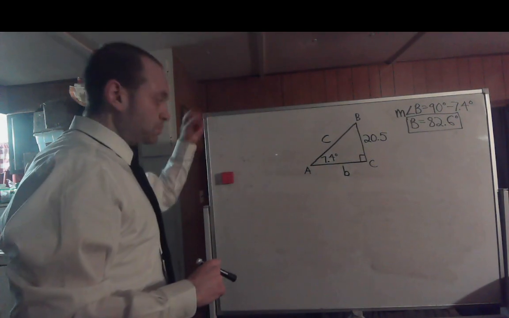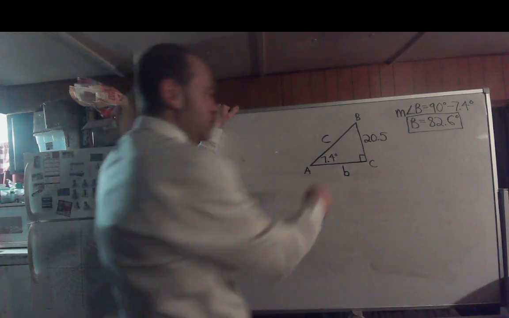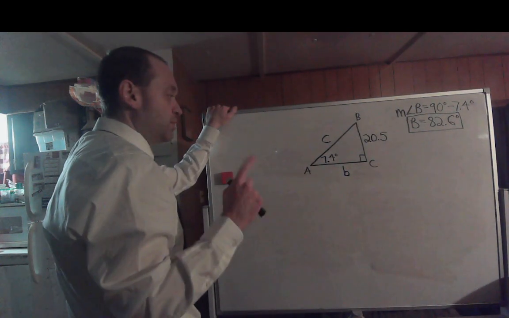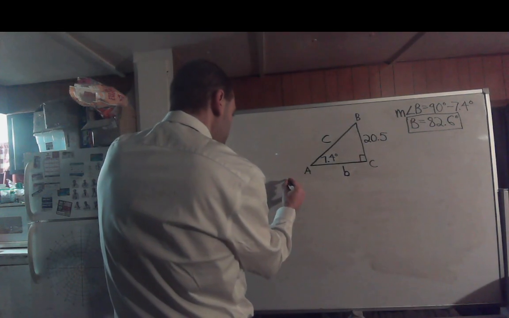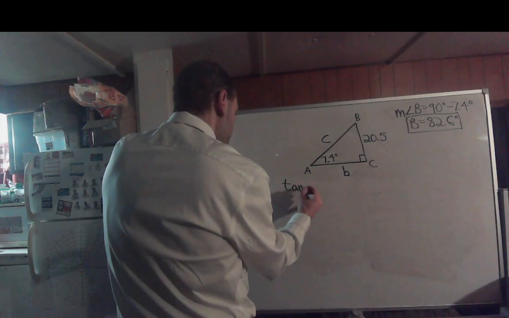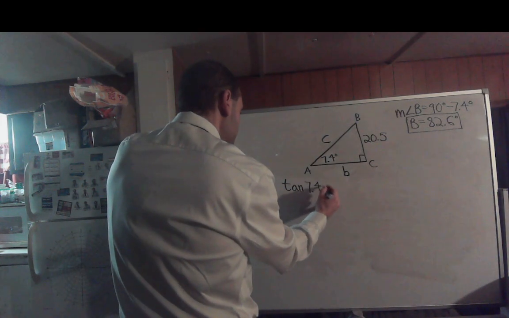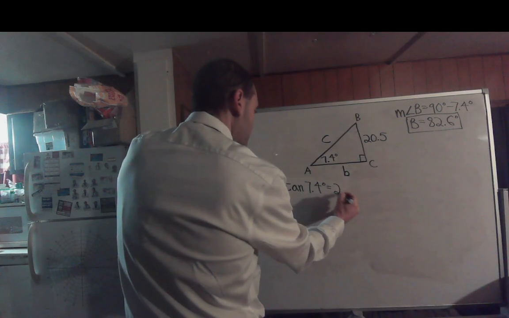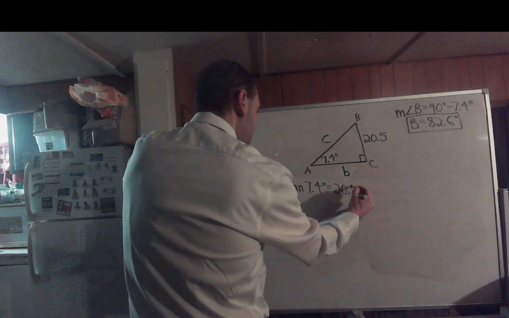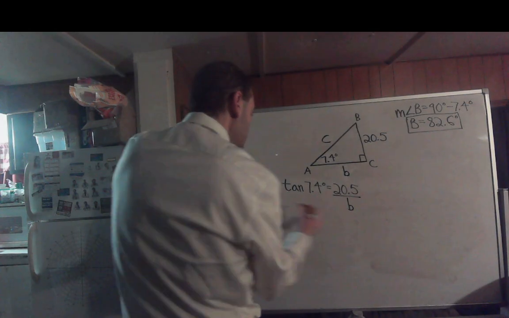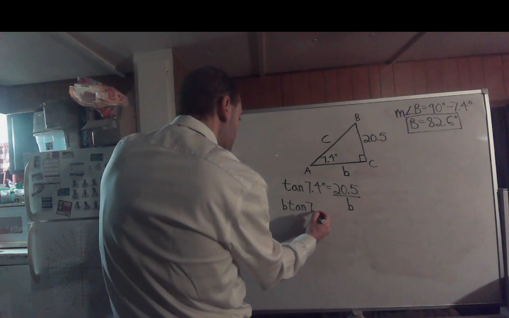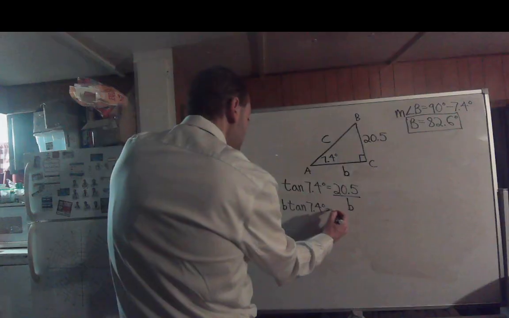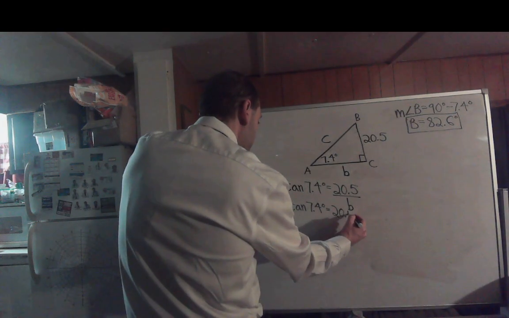However, we can use the tangent ratio for 7.4 degrees, and we can find that the tangent of 7.4 is 20.5 divided by B. So the tangent of 7.4 degrees equals 20.5 divided by B, which means that B times the tangent of 7.4 degrees equals 20.5.